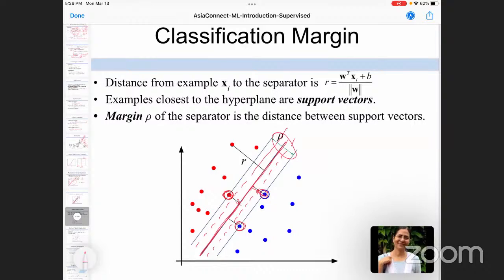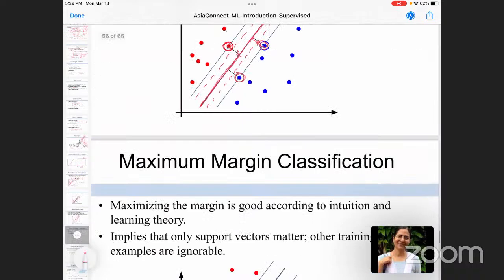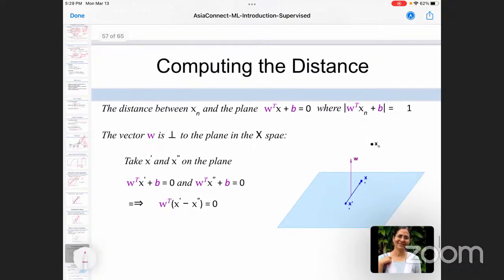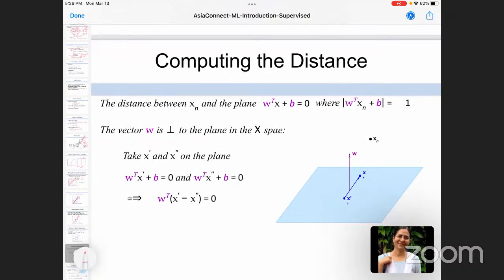And how to find this? I'm coming to the mathematical details. I think you first need to know a little bit of vectors to understand these things. So I drew just a plane, not a line. In two dimensions, you can draw a line, or in higher dimensions, you can draw a separating plane.